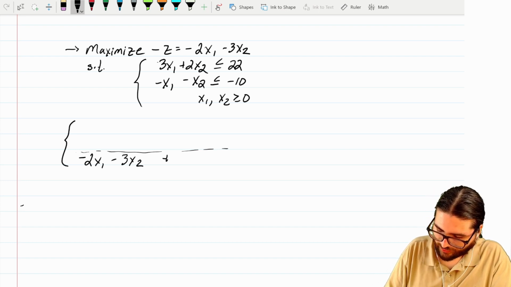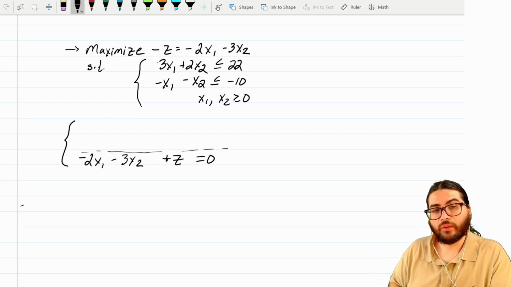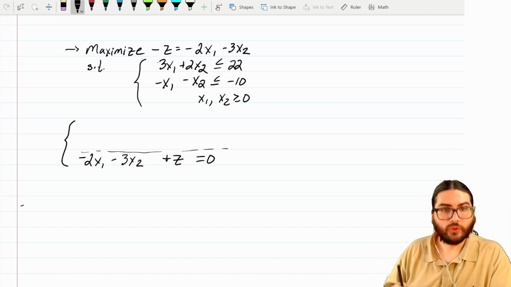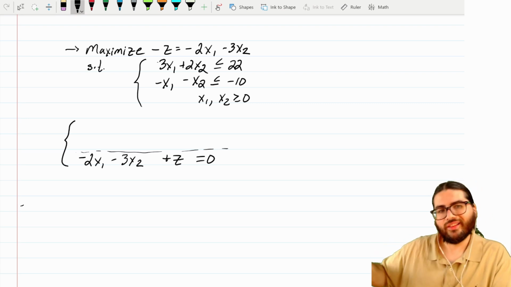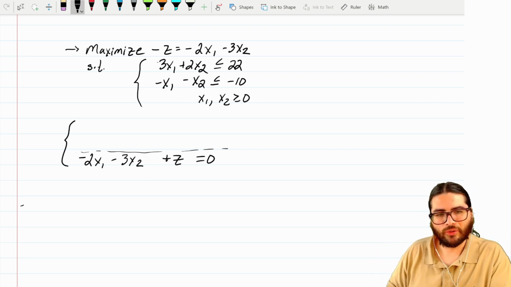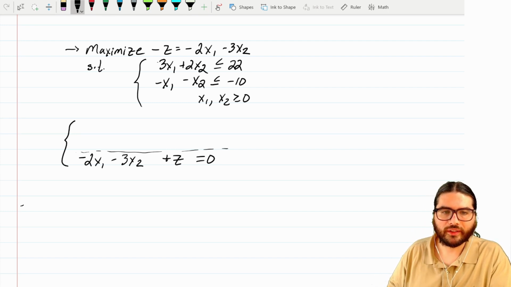Plus z equals 0. See how the easiest way to get that z being positive on one side of the equation is to move the z. In the regular simplex method, we moved all the variables to the left. Right? In this maximize, we actually move the z to the right, and that's okay. As long as all the variables are on one side, the other side is just a number.